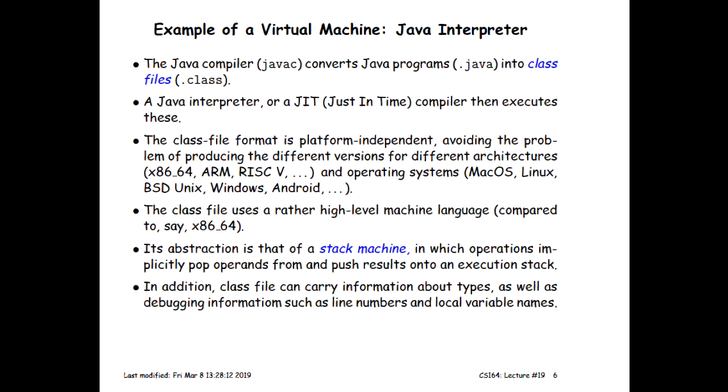What has happened is that for each of those combinations of architecture and operating system, somebody has gone to the trouble of doing a one-off operation, which is writing a Java interpreter for it, and once you have that, you can run all of these programs.